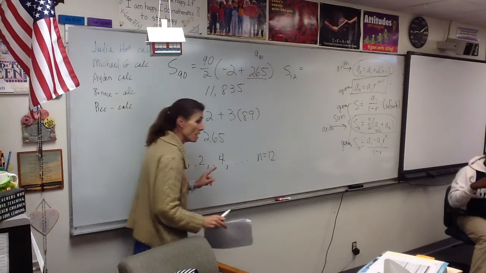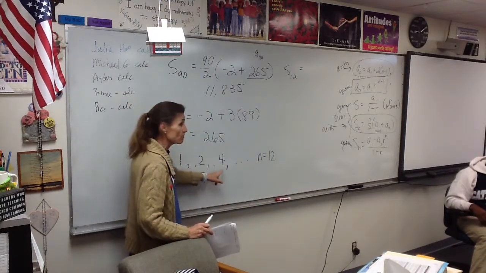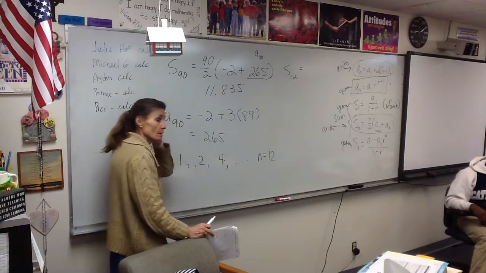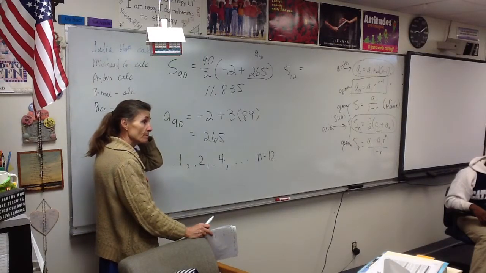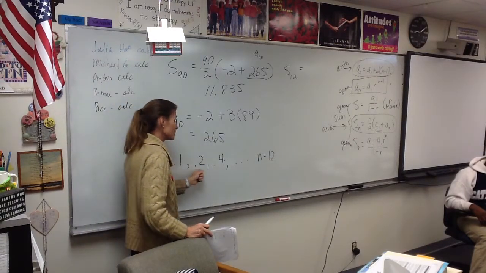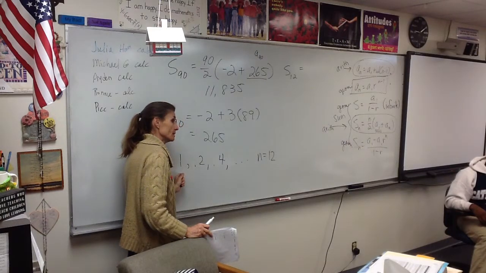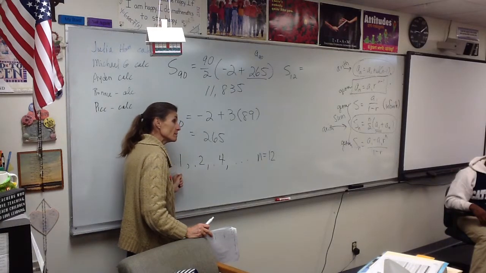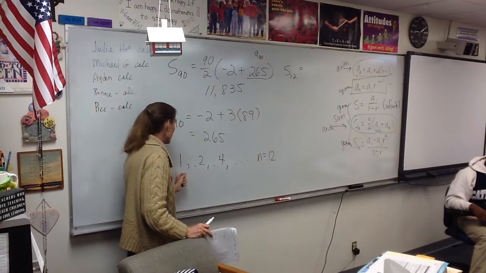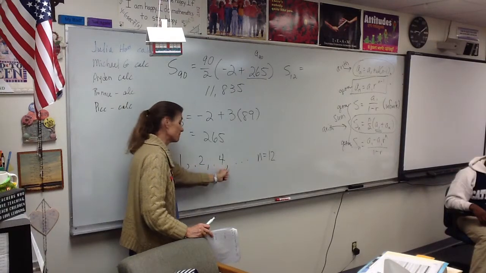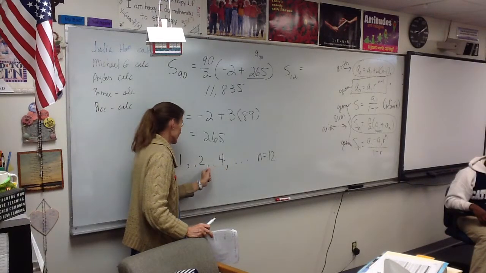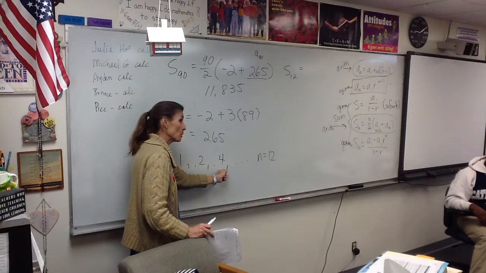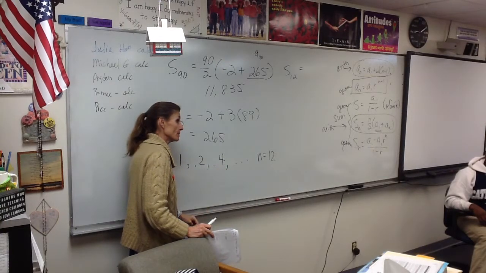Before I know which one, I got to figure out how I'm getting from term to term. Abby, how am I getting from term to term here? What am I doing? Okay, so if I add 0.2, I'll get 0.4? Does that work?